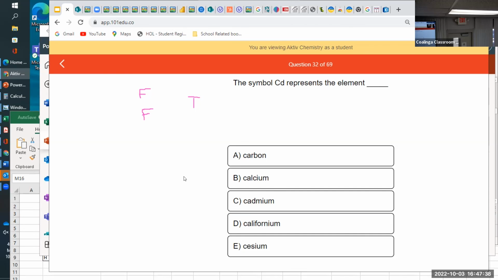They have Japan. It's 113, Nihonium. Livermorium, I think it's Liverpool. Moscow, that's Moscovium.